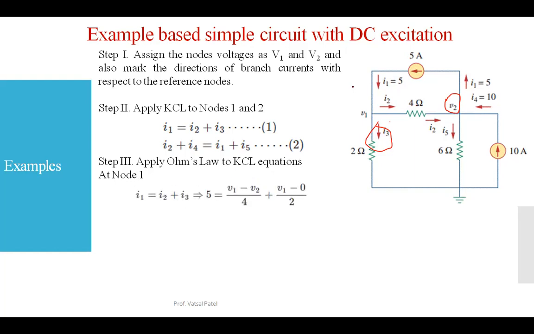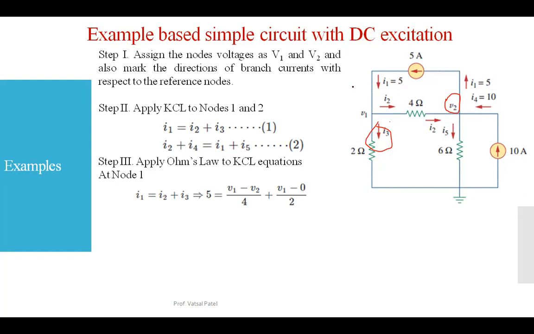So if we apply Ohm's law here in the first equation, I1 is equal to 5 ampere because it is already given as the current source value. The current I2 is equal to what? The potential difference between the terminals, V1 minus V2, divided by 4, that is the resistance value.